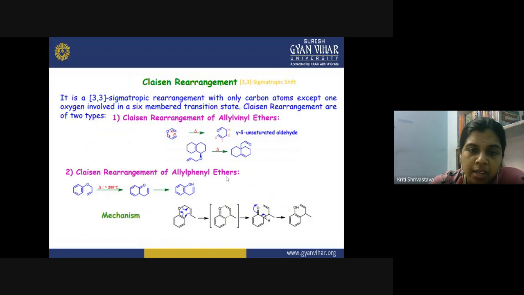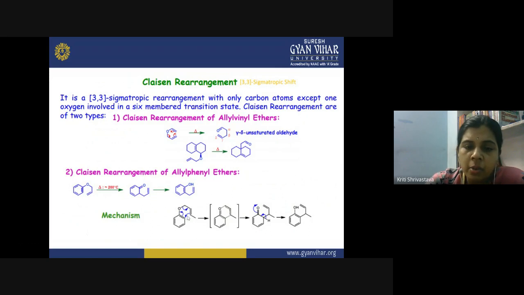Now, when you take the allyl phenyl ether, again the sigma bond here will be shifted from this position to this position. Everything else would be the same. And finally, they will also lead to the formation of the hydroxide. So this is the mechanism proposed.